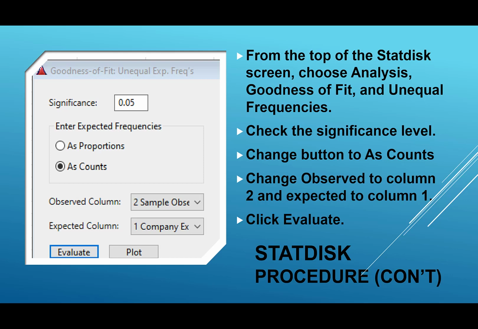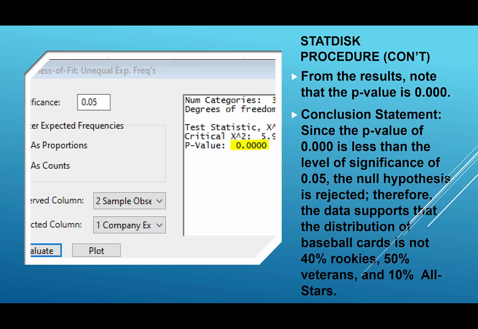So I set that up accordingly. Once we have all of that set, you're going to click Evaluate. When you click Evaluate, the right-hand side of this screen is populated with the results. And note that the p-value is 0.